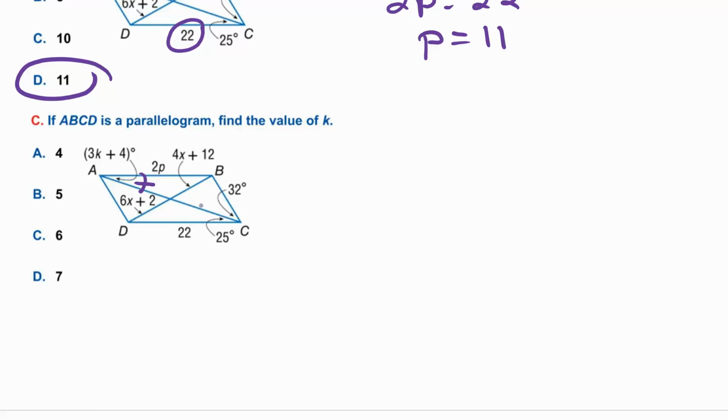We know by alternate interior angles it has to be congruent to this one. So 3K plus 4 equals 25.